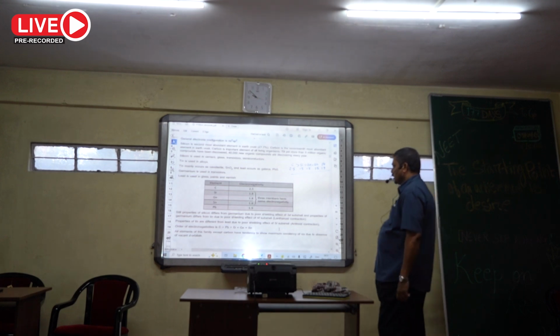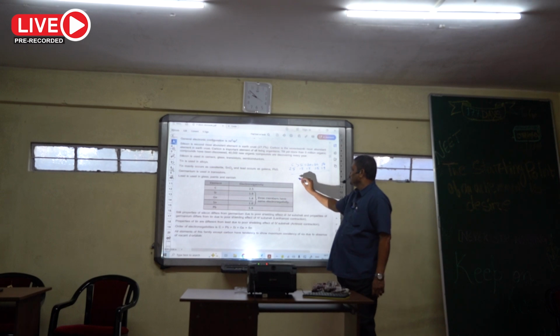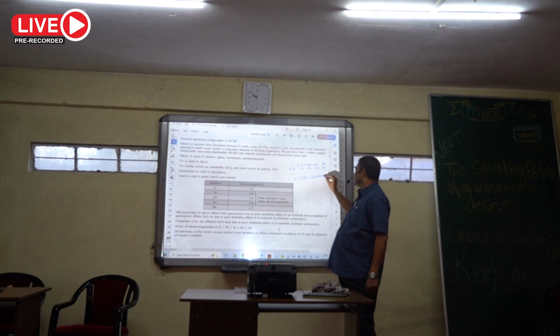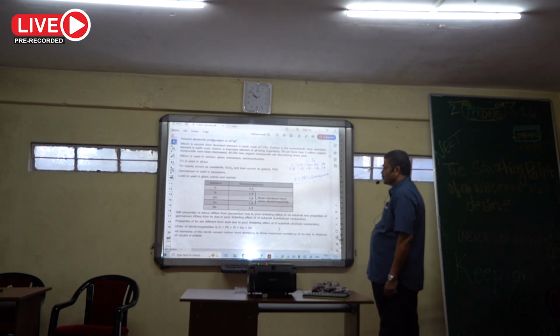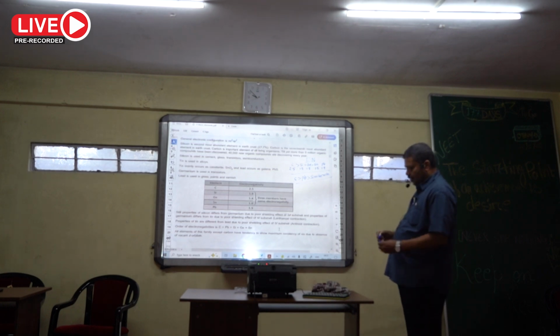So carbon greater than lead greater than silicon equal to germanium equal to tin. This is the electronegativity order. Why that order?